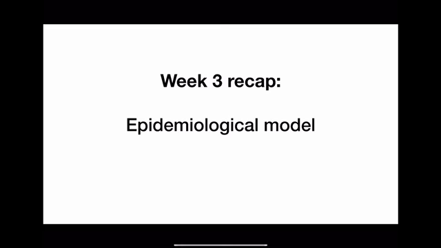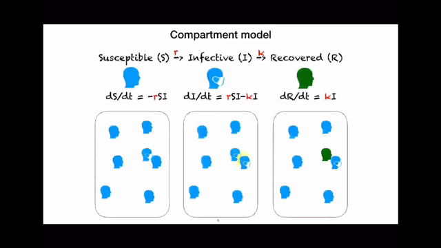Before moving on, we would like to think a little bit more about the previous talk, which is the epidemiological model. And once again, it has been called the compartment model. And we thought about 3 compartments.